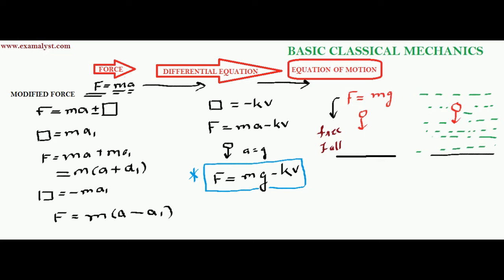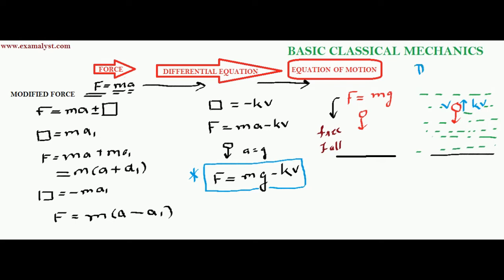If v is the instantaneous velocity of this ball, then at any moment the ball experiences an upward drag force, which is equal to some constant k into v. So kv is the upward drag force, or the resistance force.